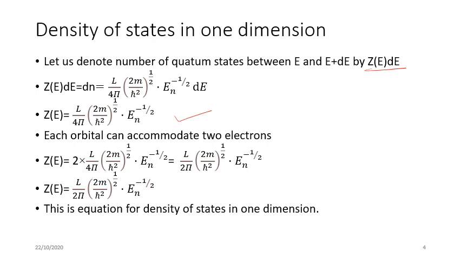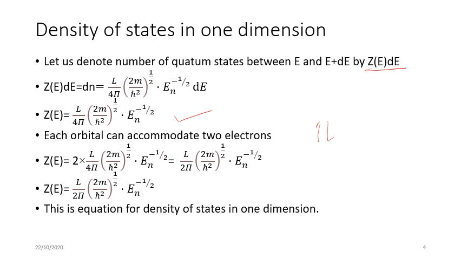But each orbital can accommodate 2 electrons, because let's say we have one orbital, in that spin up and spin down, 2 electrons can be accommodated. So this gives me the density of orbitals. But if I want to know how many electrons will be accommodated, I have to multiply for spin up electron and spin down electron. 2 electrons will be present in each orbital.